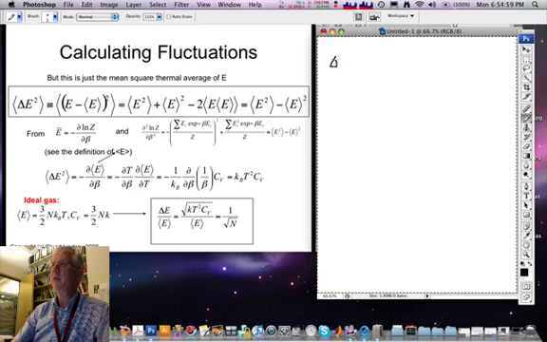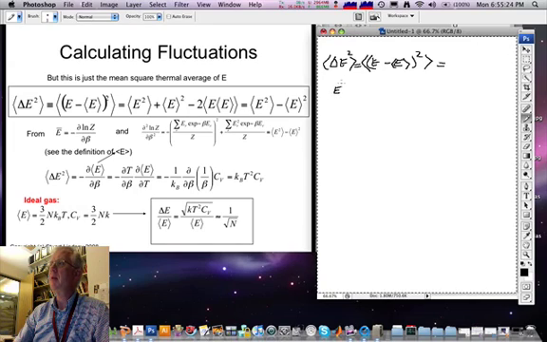So the fluctuations in energy are just given by the energy minus the thermal average energy. So if we square that and take the thermal average, this is what we have. This gives us then E squared thermally averaged, plus the thermal average energy squared, thermally averaging that again doesn't do anything for us, minus twice the product of the two.